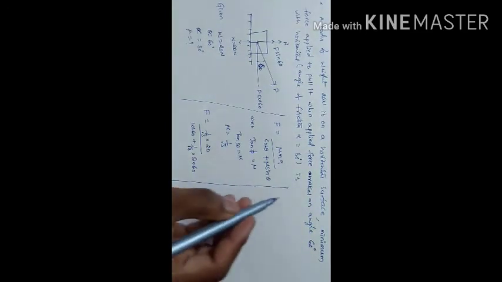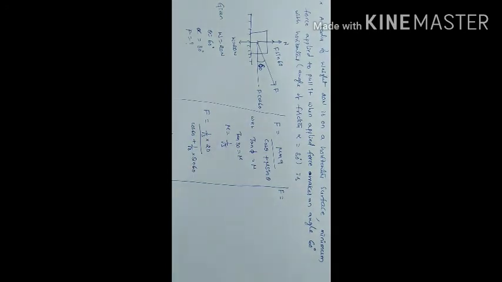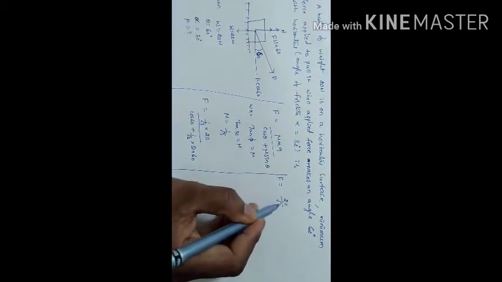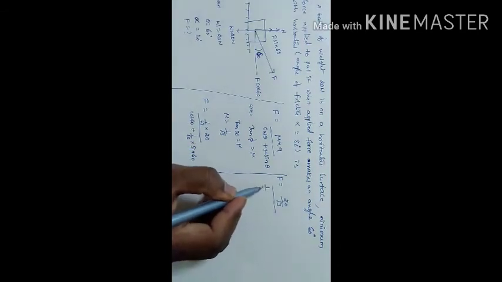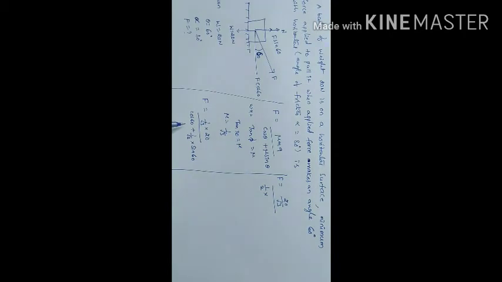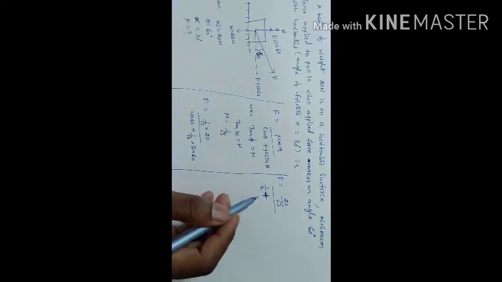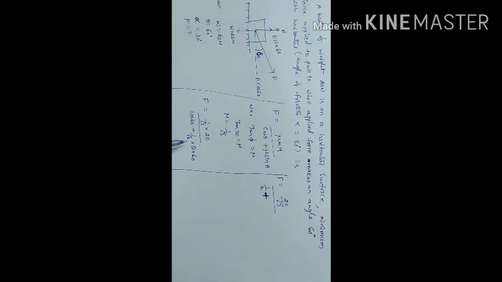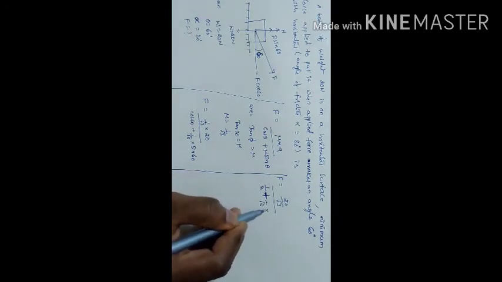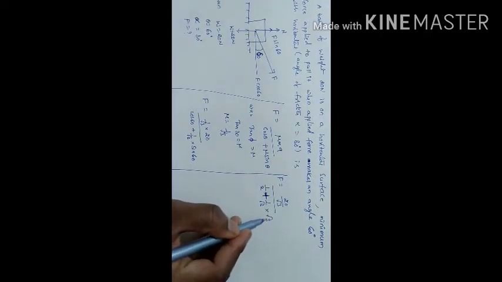Now F is equal to 20 by root 3 divided by cos 60 value, which is 1 by 2, plus 1 by root 3 into sin 60. What is the sin 60 value? Sin 60 is equal to root 3 by 2.